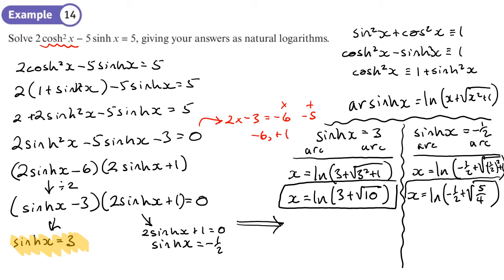Yeah, so notice how we solve this in a slightly different way to the last one. The last one, there was no squared in it. There was no cosh squared or sinh squared, and it was all sinh, so we used the definition in terms of e to the x. In this one, we had to make that substitution up here, and then from there we didn't actually change it for the definitions of e to the x.